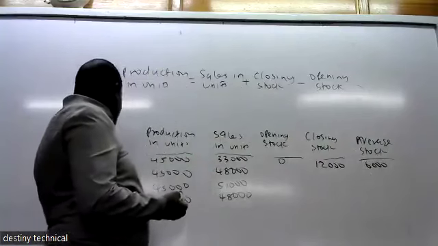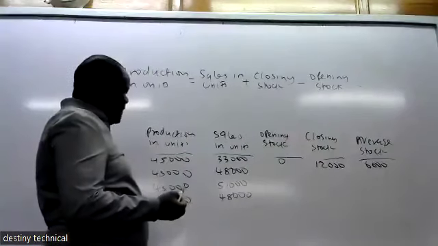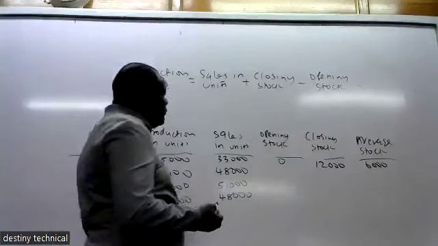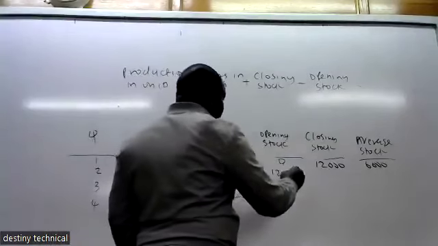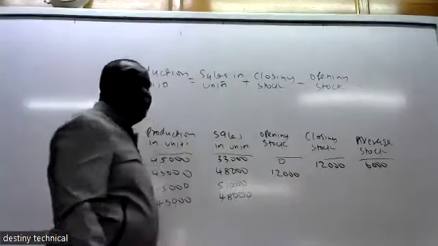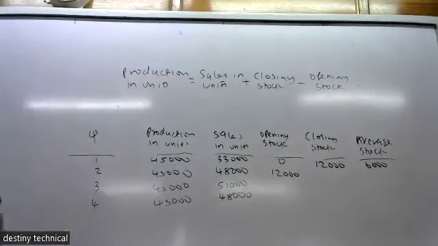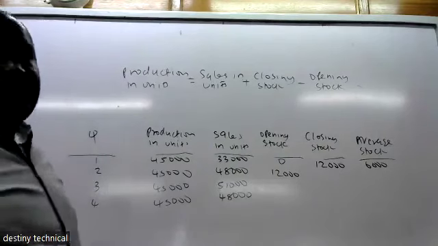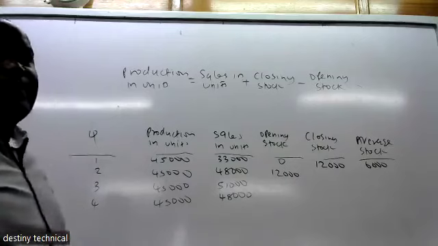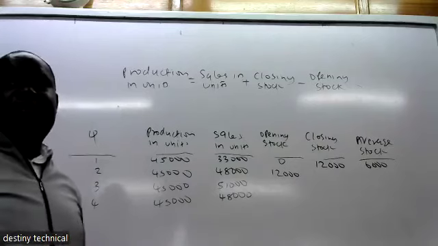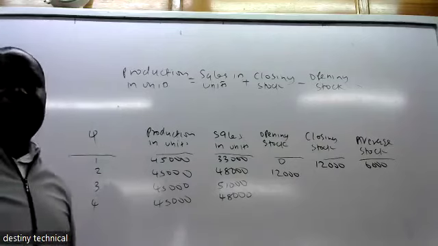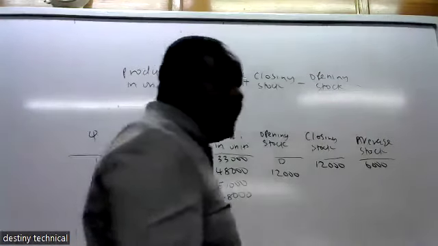Then, when it comes to quarter 2, the closing stock for quarter 1 will be the opening stock for quarter 2. So what should now be the closing? 9,000.